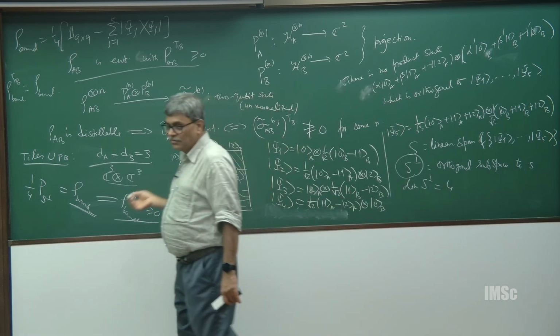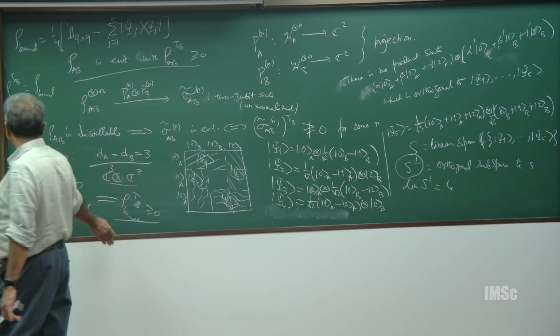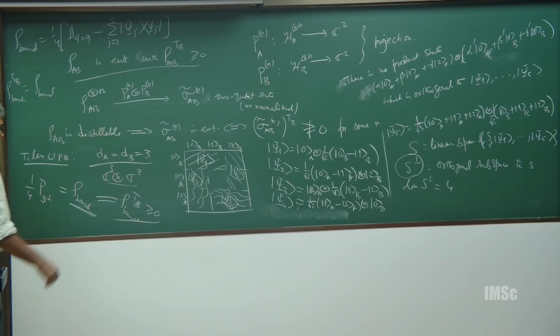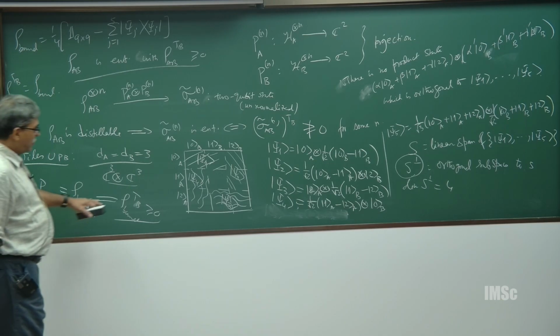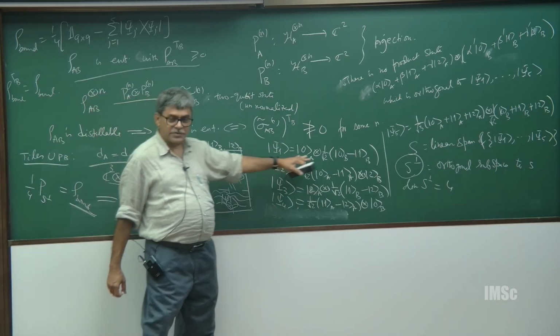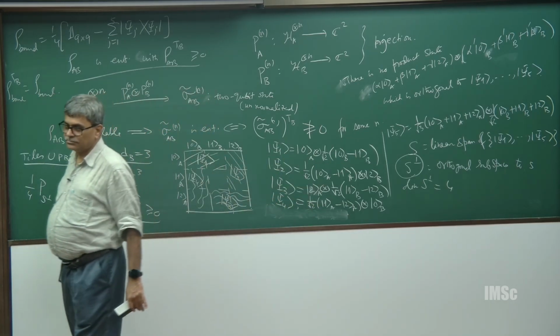There are other ways also. This can be generalized in higher dimension. So this is not a unique construction. I mean, you can have these tiles in different ways. I have taken a particular superposition, so the number is fixed.